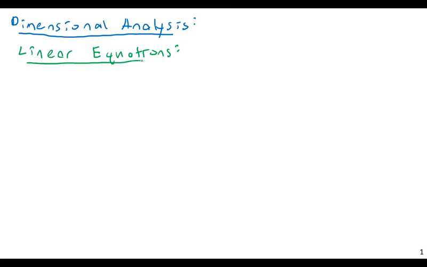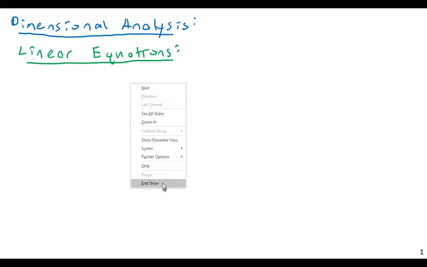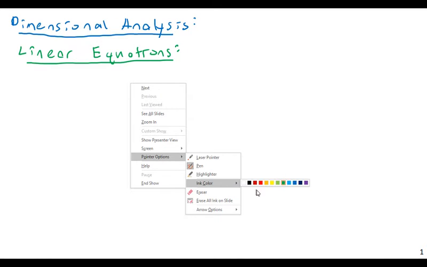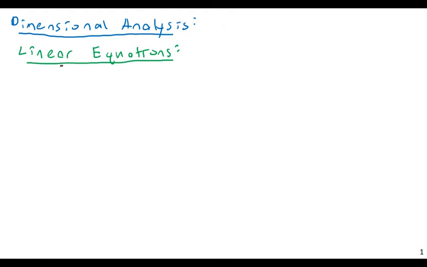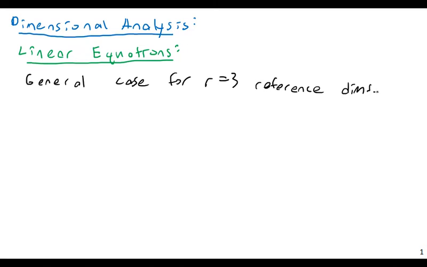Okay, so if we go back to a general form from the previous example, or if you look at this in a general case, the general case for r equals 3 reference dimensions and k equals 5 variables is something like this.